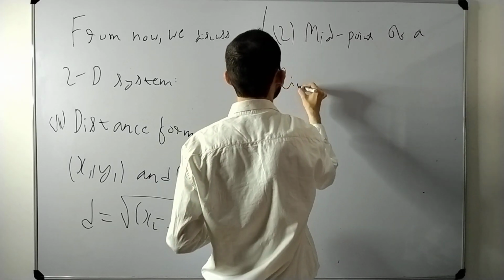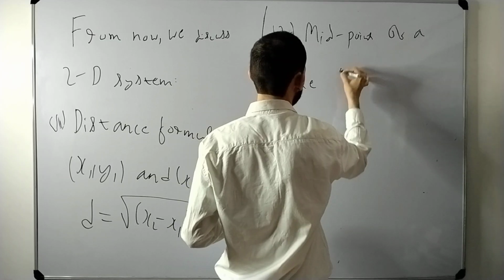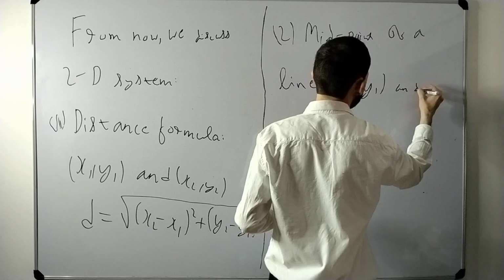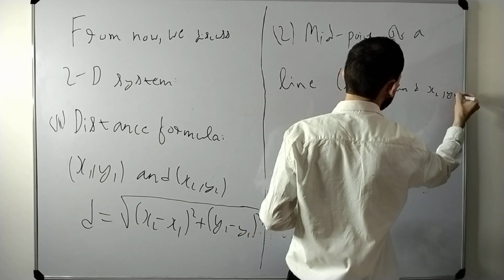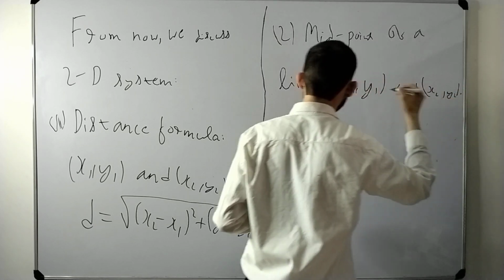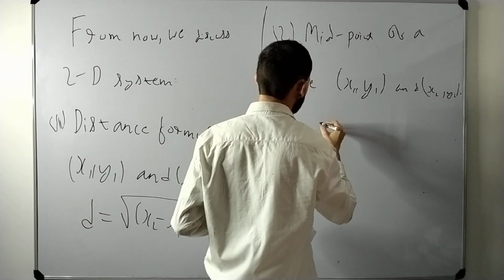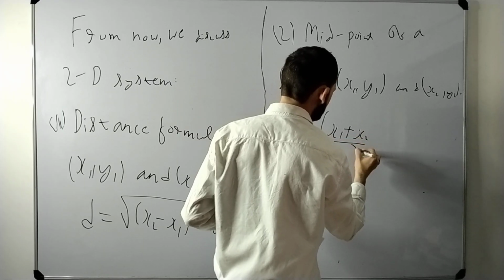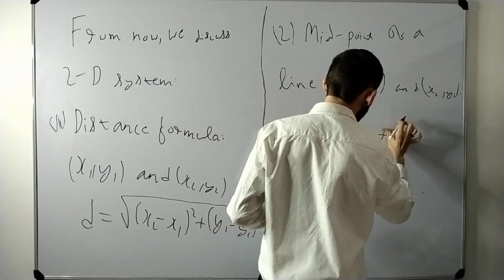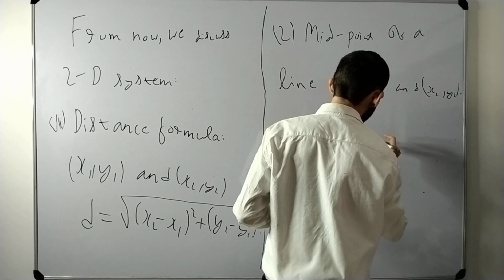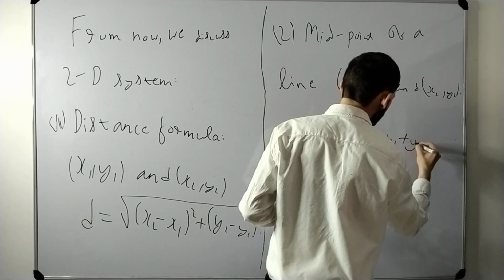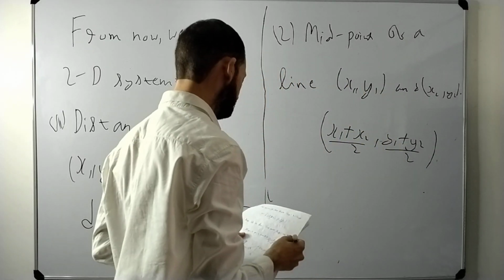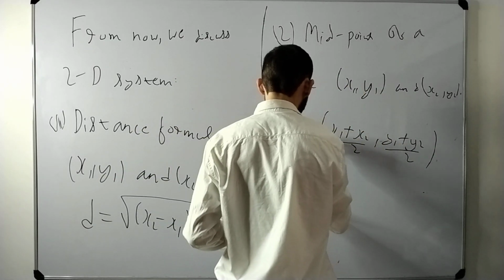So you have a line such that x1, y1 and x2, y2. So what would be the midpoint? It is x1 plus x2 upon 2, and y1 plus y2 upon 2. So this gives the midpoint of a line. Very nice, students.